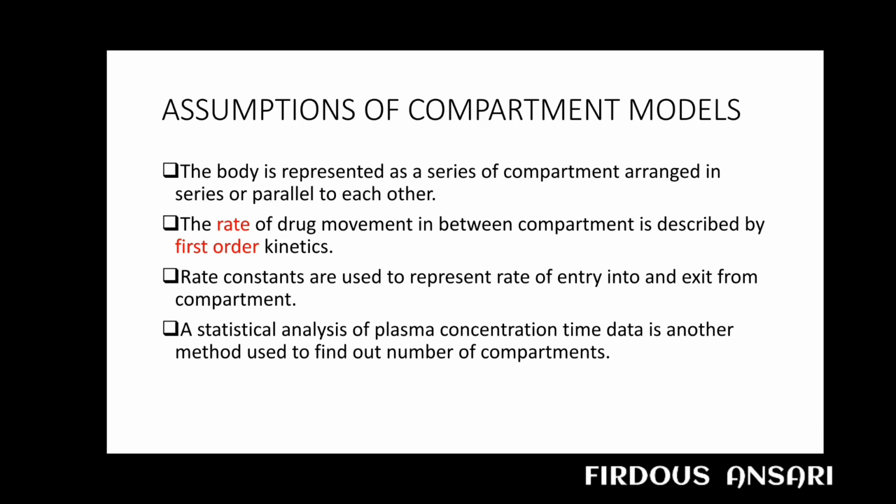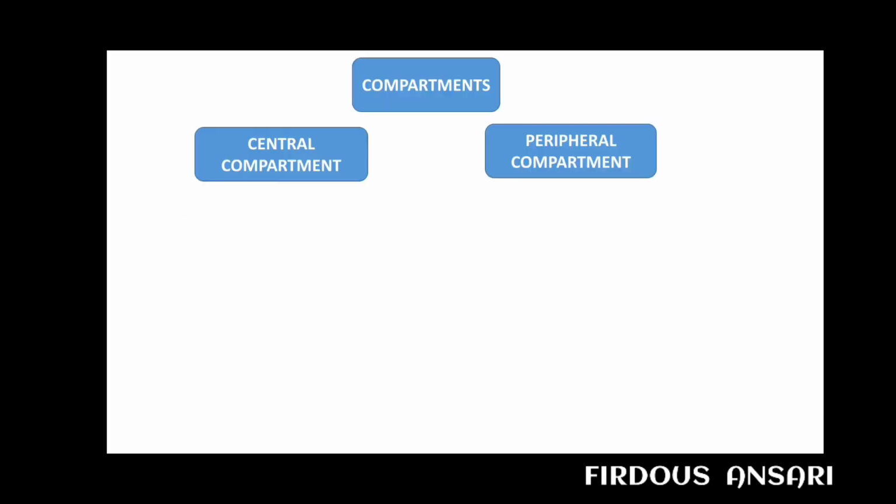Okay, so whenever any drug is entering into your central compartment, suppose first of all the drug is moving to the blood circulation, so we should calculate the rate constant, that is the absorption rate constant, and when the drug is leaving that central compartment, then we should calculate the elimination rate constant. Okay, so every time we are calculating the rate constants over here. And lastly, a statistical analysis of plasma concentration time data is another method used to find out the number of compartments. Okay, so these are the four assumptions of the compartment models.